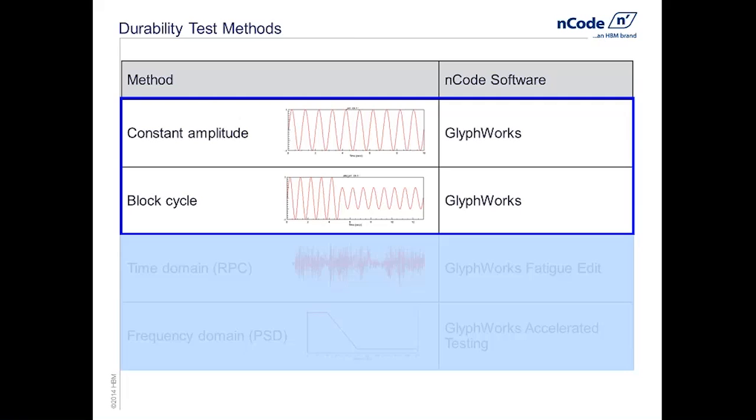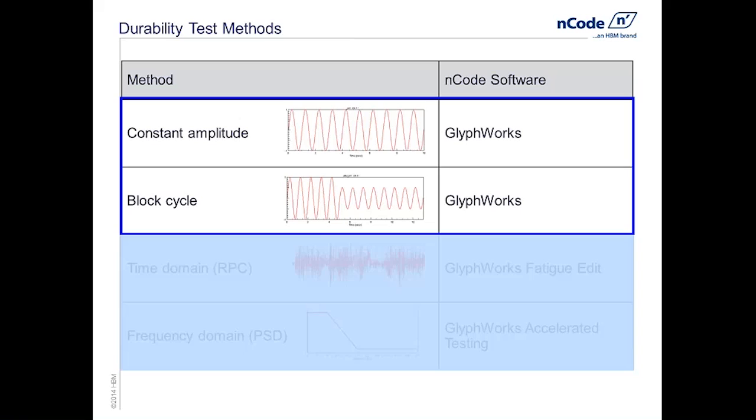The constant amplitude test is exactly what it sounds like. It's a test that cycles back and forth between constant values over and over again. Very simple concept. And the block cycle is just a series of constant amplitudes strung together. So, some large cycles, some not so large cycles, just strung together, and you can kind of see that indicated by this picture here.